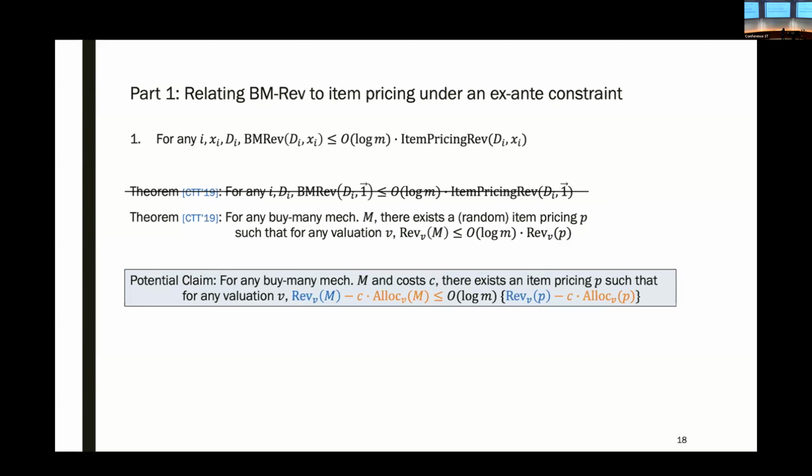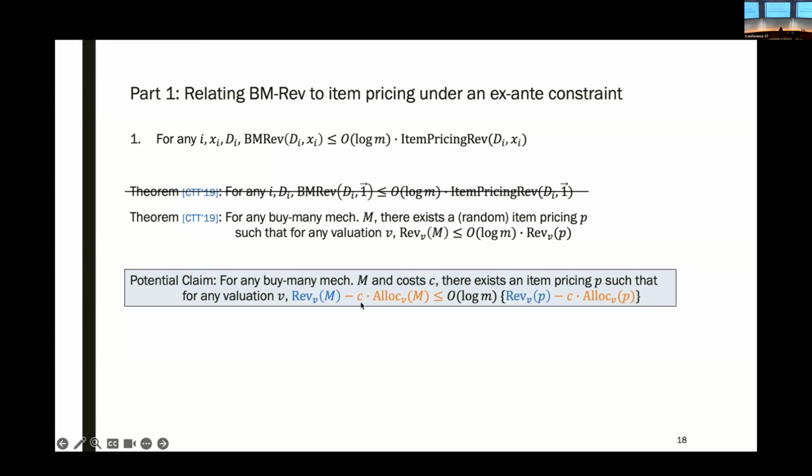So there's no direct control over how the allocations change when we go from the mechanism to the pricing. One way we might try to deal with this ex-ante constraint is to Lagrangeify this constraint. What does that look like? We're going to come up with some appropriate cost vector and think of this as a profit maximization problem where the seller has to pay a particular cost for every item it allocates, and now we want to maximize this difference of revenue and cost.